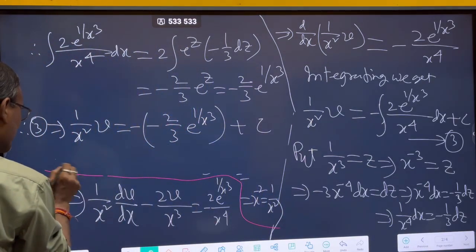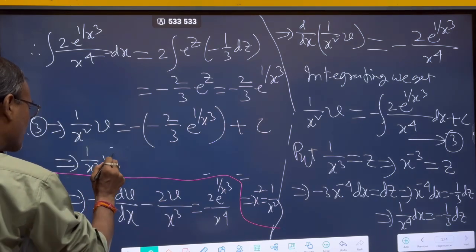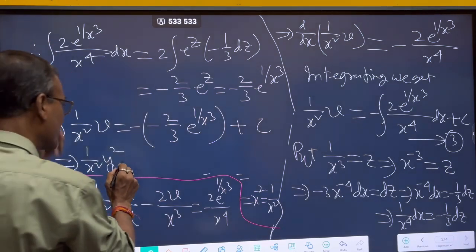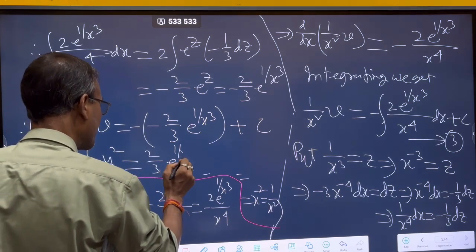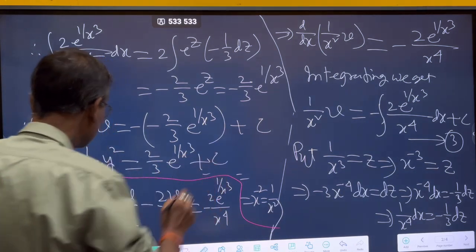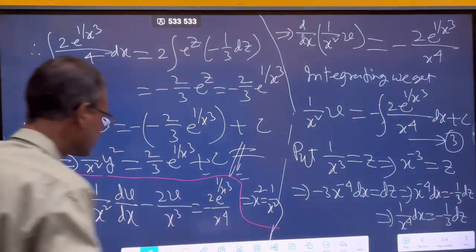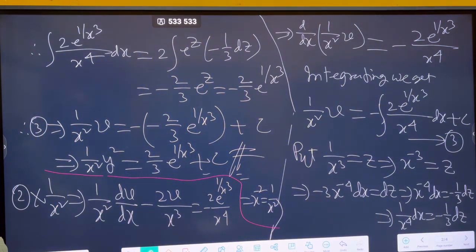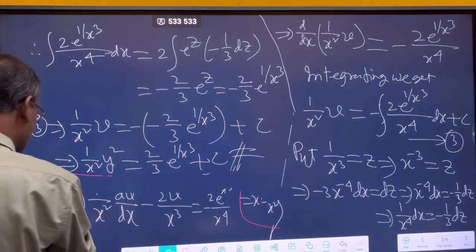V is equal to 1 by y square. So y square equals 2 by 3 e to the power 1 by x cube plus c. This is the answer, or the answer can be written in this form also.